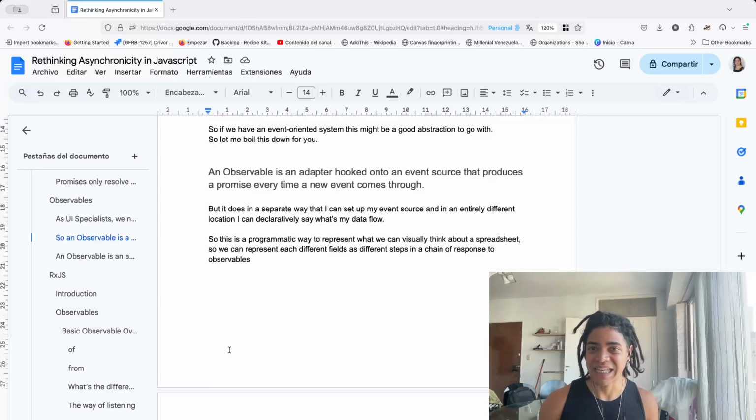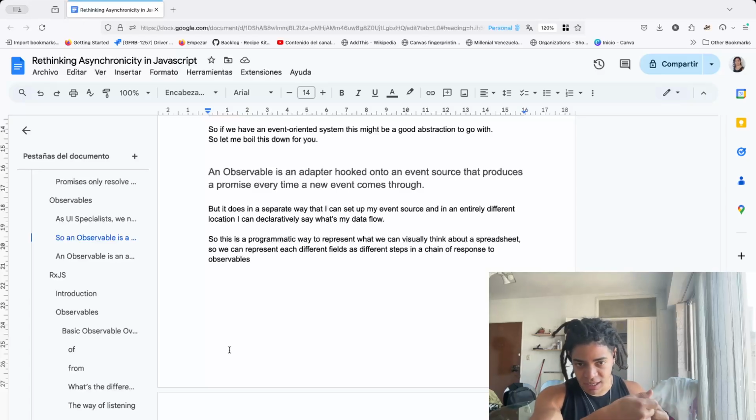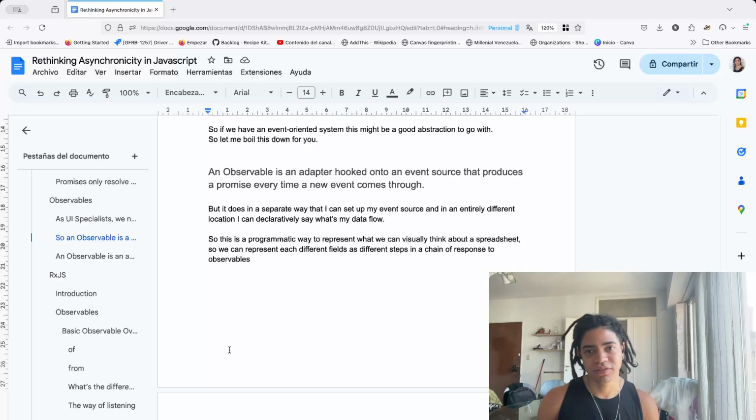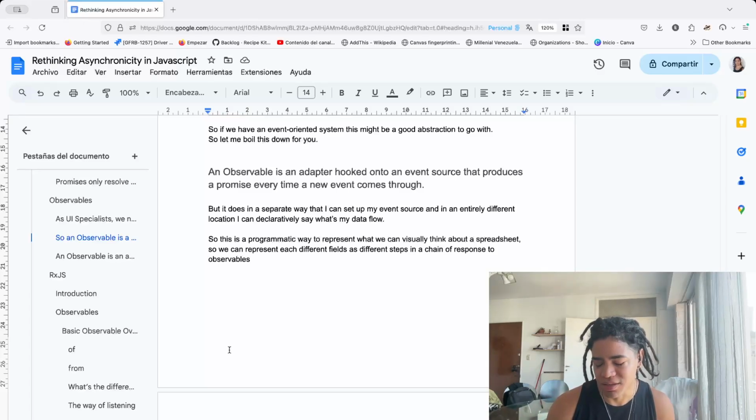For example, all of this data that I'm getting from this service and that server and another server, how can I make sense of it? From all of this, I want to know what the events are that come from the database, or from the cache, if there was a cache hit or a cache miss.